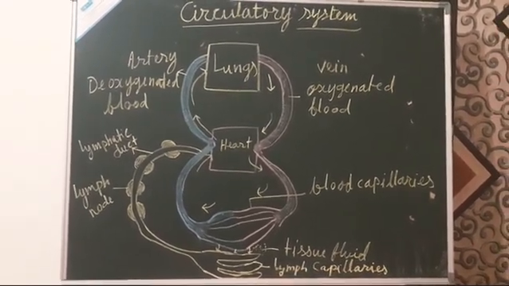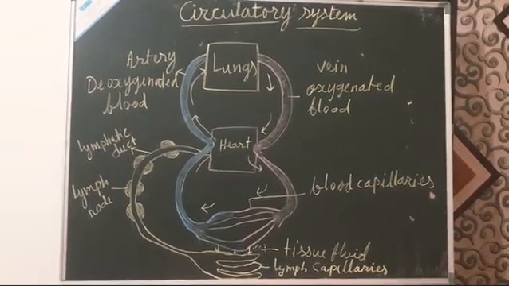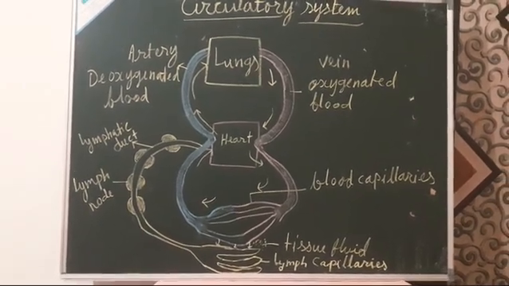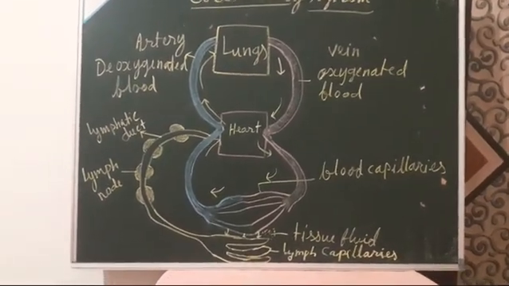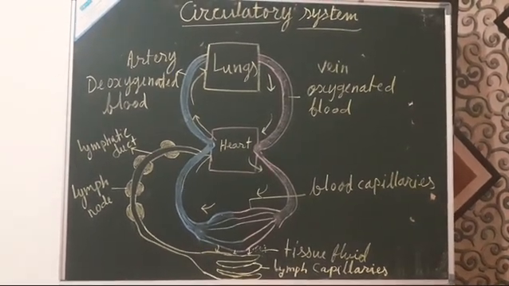White blood cells produce antitoxins and antibodies which neutralize the poisonous substances or kill the germs which entered the body. So these are the functions of the blood.